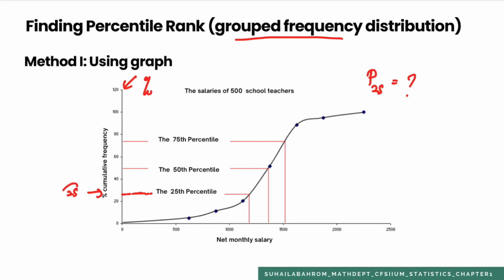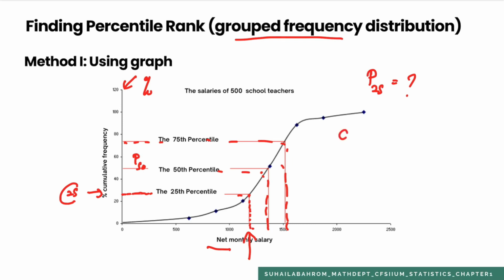So you refer to the 25 and we move until we hit the graph and we have this dotted line. So you can refer to these values. What is the value of the net monthly salary at that point? And the same goes when you try to find out percentile 50. We can get it directly from the graph. Percentile 75, we can also find out from the graph.